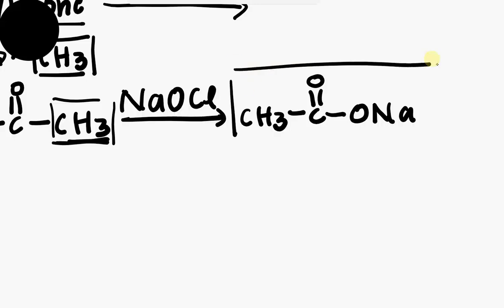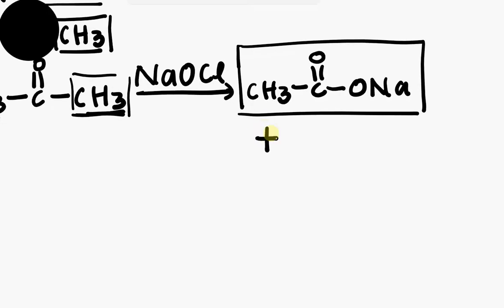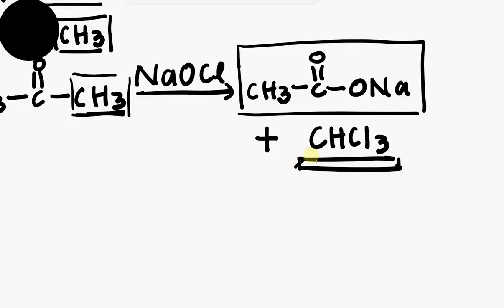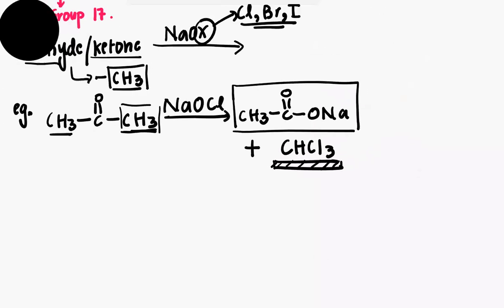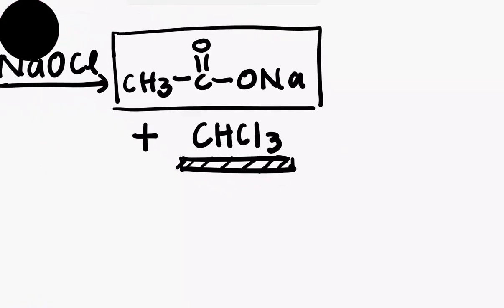It gets converted to a carboxylate salt, and along with this, a product is released which is CHCl3. This is the main product which is formed during the reaction, and therefore this reaction is known as haloform reaction because the final product which is released is chloroform.